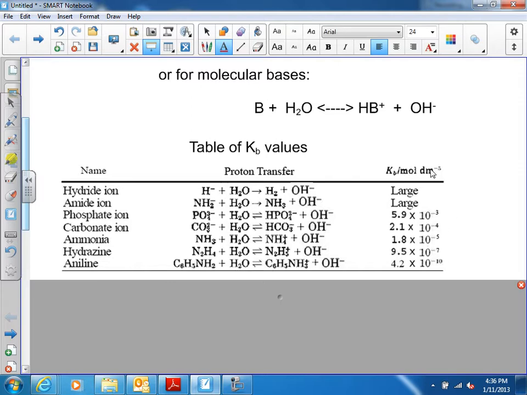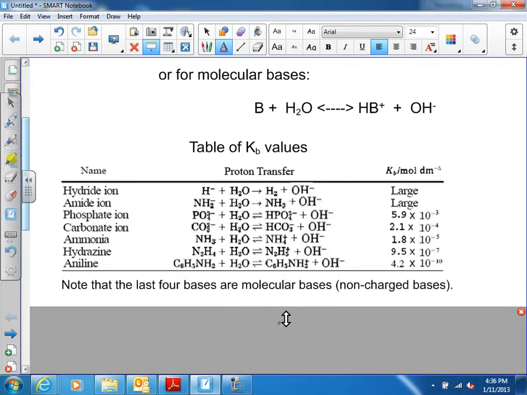By the way, they've given you units here. I got this off the internet, and we don't worry about units for Kbs ever, so don't worry about what those units are. And in case you're wondering, what's the difference between a molecular and an anion base? Right here, these three are your molecular bases. So ammonia, hydrazine, aniline, those are 3 examples of molecular bases because they don't have a charge.